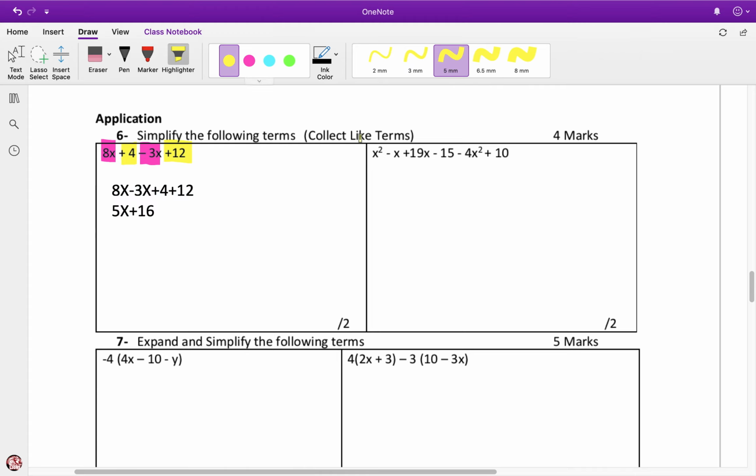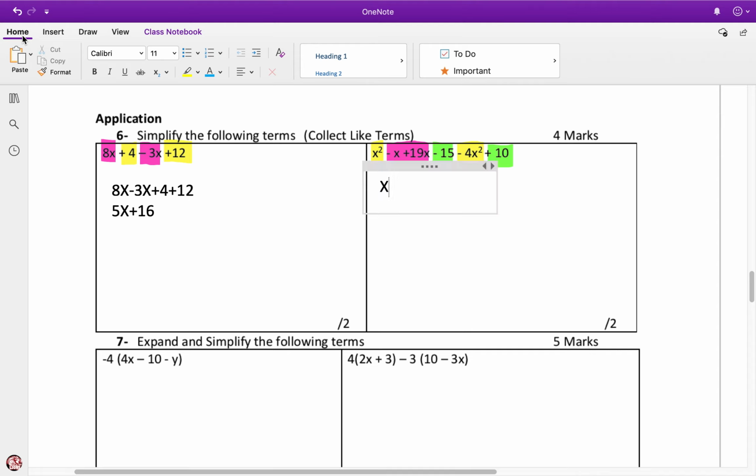And this second one just has a couple more terms. So I have x squared, negative 4x squared. I have negative x and 19x. And then I have negative 15 and positive 10. So I like to group everything together again and write out everything next to each other.